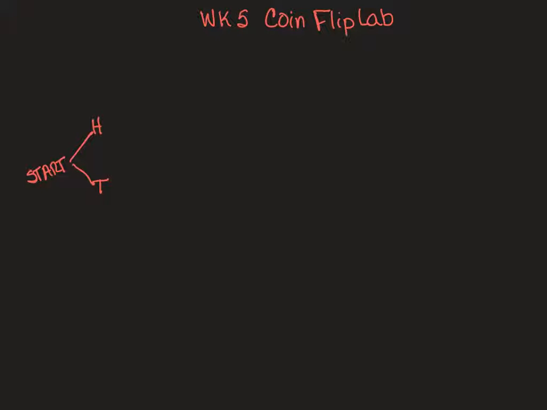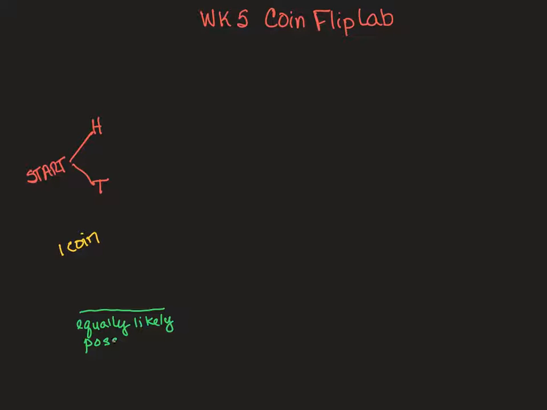Okay, so I've got down the probability tree for one coin. That's for one coin, right? I have an equal amount of chance. If I'm doing probability, I'm looking at what's equally likely, the equally likely possibilities.